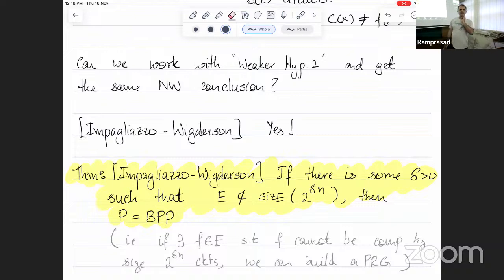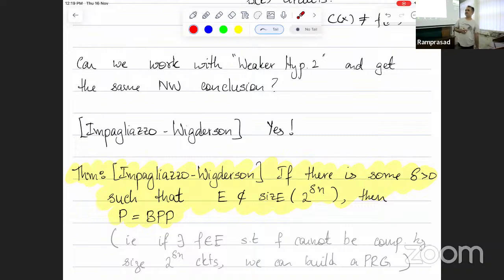So is the statement of the theorem that you need an explicit function? I mean, the function is explicit because it is in E. I'm saying there exists a function that satisfies this property. But for this assumption, can you use a counting argument to prove that such a function exists?